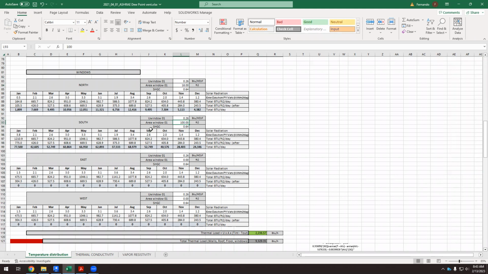It's 214. The area of the east, it's 114. And the area of the western windows is 88.